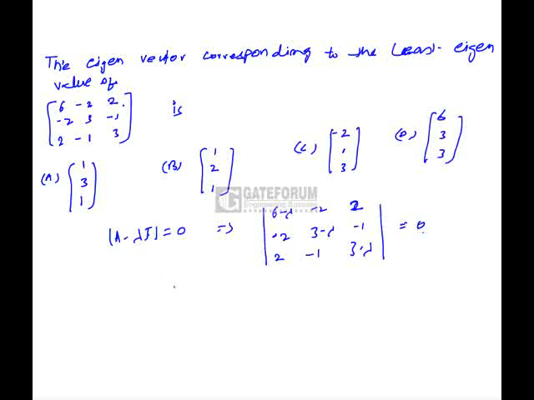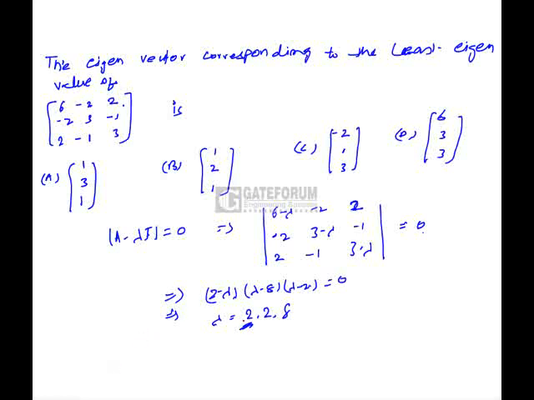So if we solve this one, we will be getting (2 minus lambda)(...) minus 8 (lambda minus 2) is equal to 0. So this is nothing but lambda is equal to 2, 2, 8. So here the least eigenvalue is 2, and we have to find the eigenvector corresponding to the eigenvalue 2.